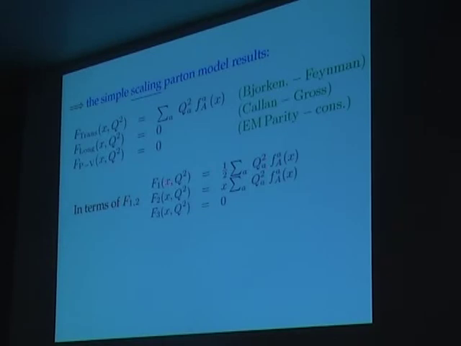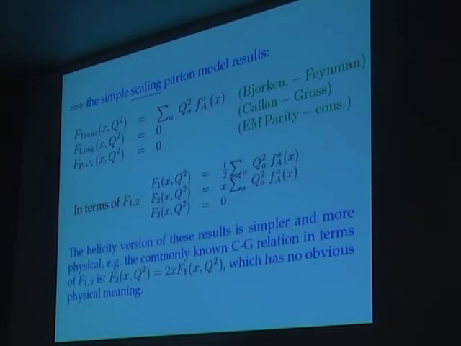So in terms of the F1 to 3, that's the result, and F1 and F2 are related to each other, and that's the equivalent of this formula here. The helicity version, I think, should be obvious, is simpler and has a more immediate physical interpretation.